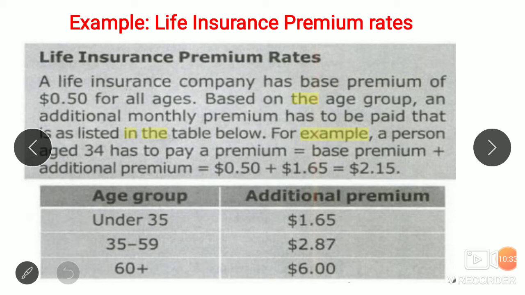Like this, based on the age group, we divide the additional premium. See in the table: if the age is below 35, then the additional premium is $1.65. If the age is between 35 and 39, then you have to pay an additional premium of $2.87. If the age is 60 plus, then the premium is different.